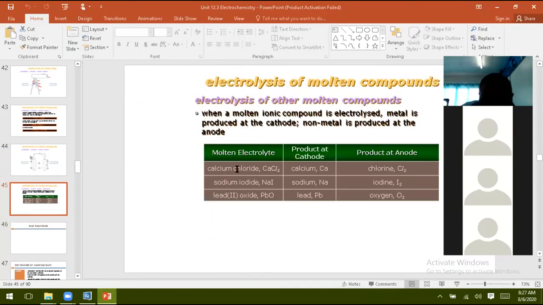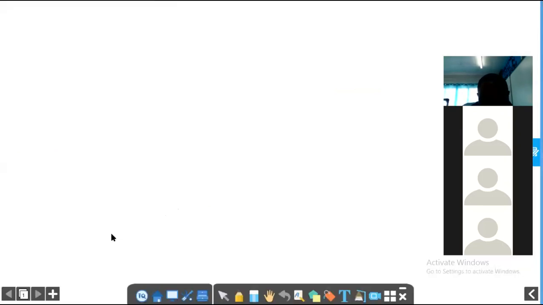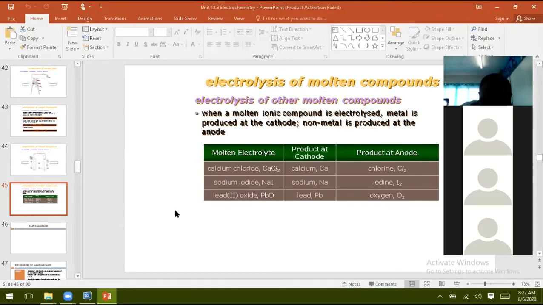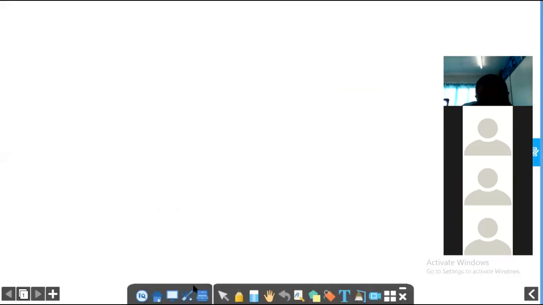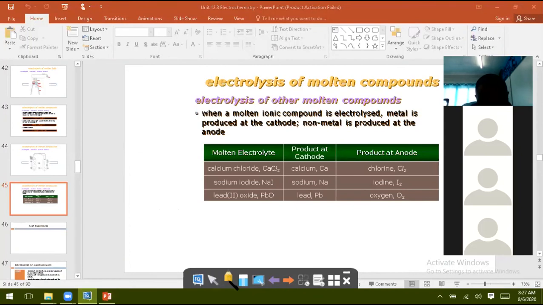So if we are looking at calcium chloride, for example, then at the anode, you will start a half equation with the ions.